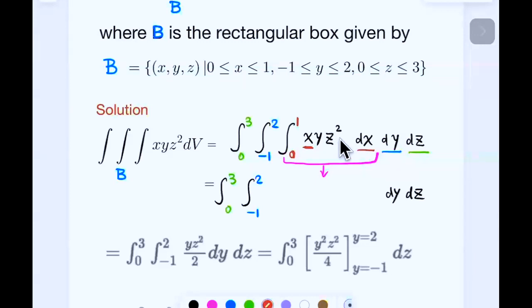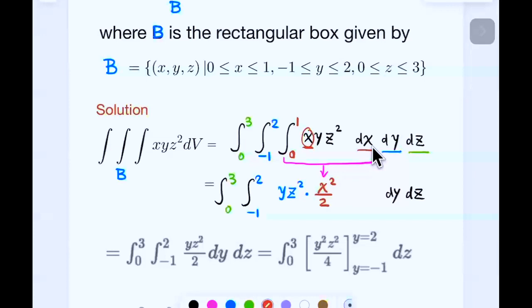If it's a constant, then we bring it outside the integral. So we have yz squared over here, and then we multiply by the antiderivative of x. What's the antiderivative of x? It's going to be x squared over 2.